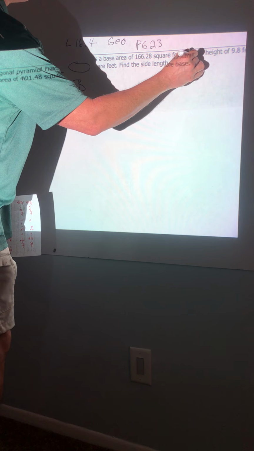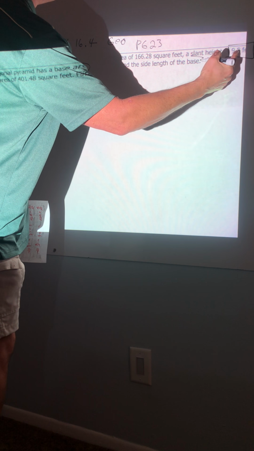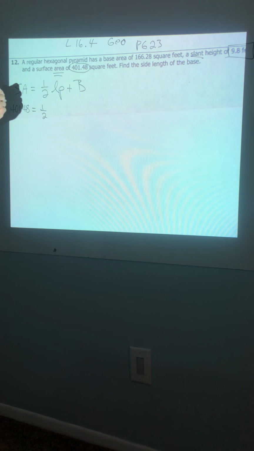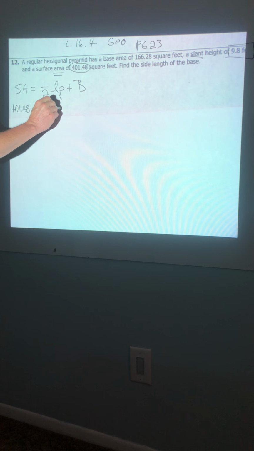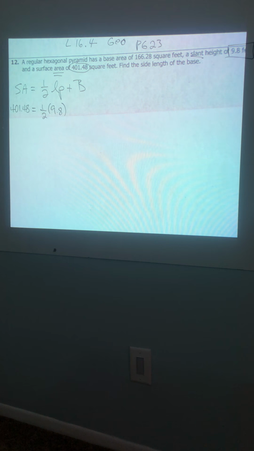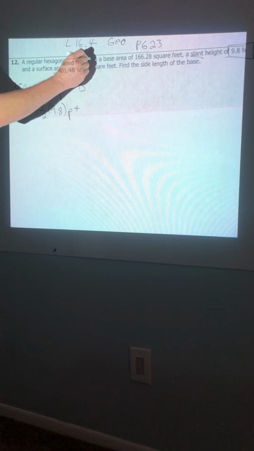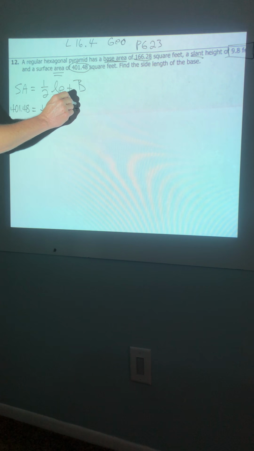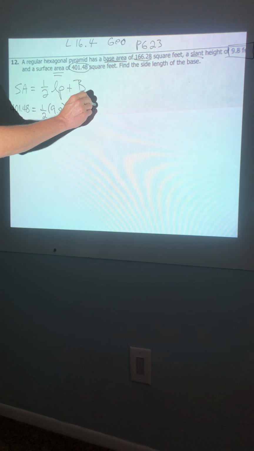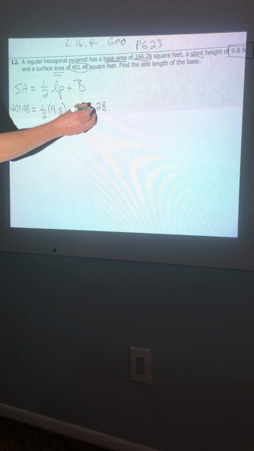Slant height is 9.8 feet. I know it's cut off, but I'm telling you, it's 9.8. Trust me. The next letter is P, the perimeter. Did they give you the perimeter? Nope, leave it as letter P. Big B is the area of the base. I see the area of the base, 166.28. Love it. I love when they give me what I need.